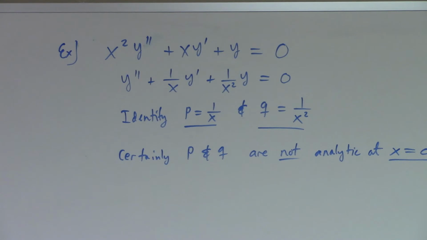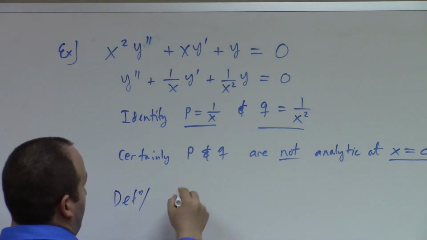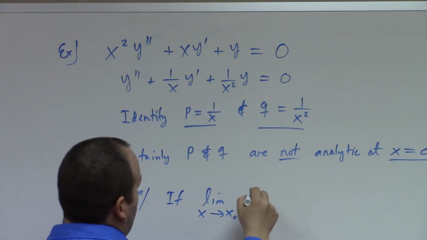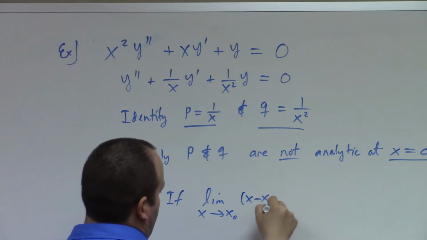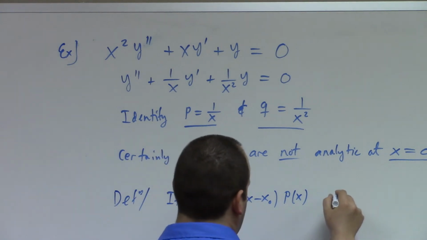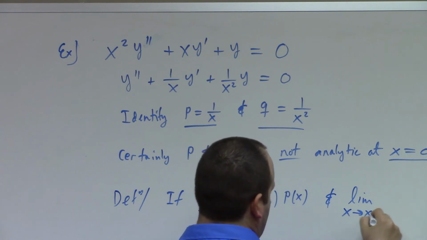However, if you studied complex analysis, you'll recognize them as being relatively benign failures of analyticity. They're almost analytic in some sense. They're Laurent polynomials of low order. This is a pole of order 1, a pole of order 2. So here's another definition. If the limit as x goes to x naught of x minus x naught times p of x exists, and the limit as x goes to x naught of x minus x naught squared times q of x exists, then x naught is a so-called regular singular point.